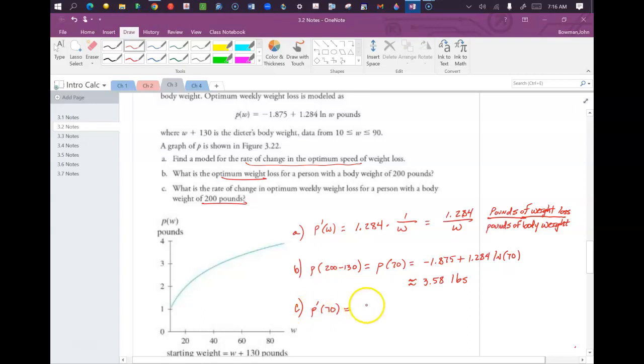So P prime of 70 is going to be 1.284 over 70, which turns out to be 0.018 pounds of weight loss per pound of body weight. That is the rate at which a 200-pound person would be losing weight.